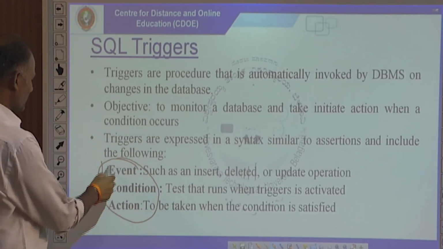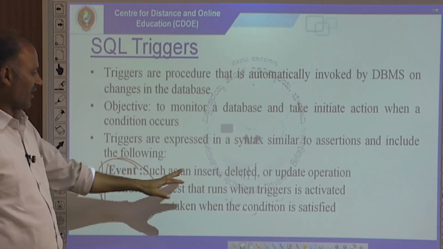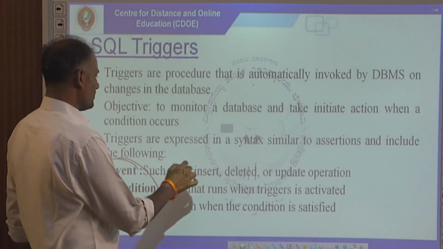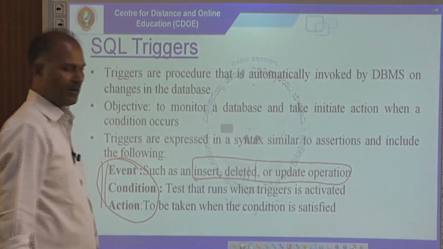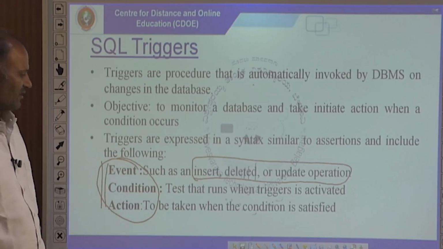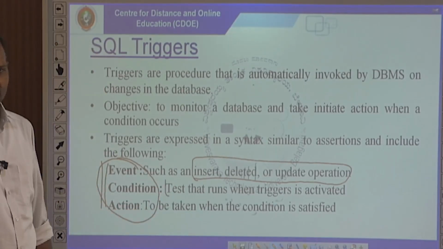So a trigger consists of an event such as insert, delete and update. These are the events that you can specify. The condition is a test that is evaluated when the trigger is activated.